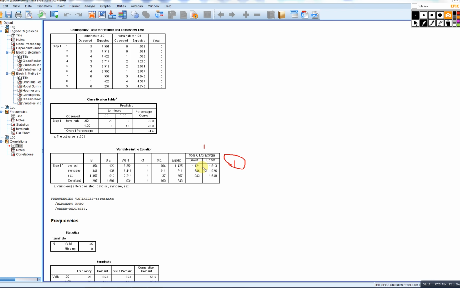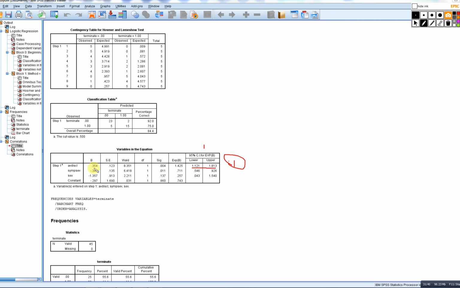If 1 falls outside of the upper and lower bound of the interval, then you would interpret that predictor to be significant. So in this case, you can see that 1 does not fall between the lower and upper bound here, so we have a significant change in odds for every unit increase on avoidance of disclosure.